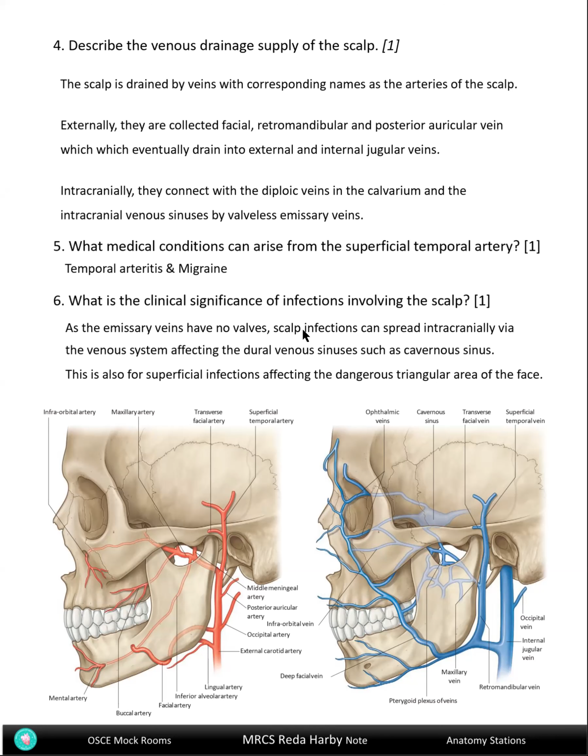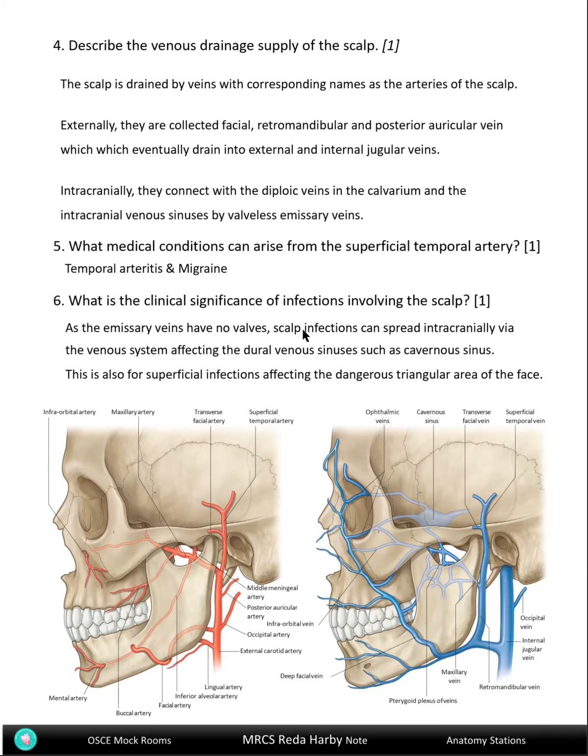Any infection from outside can go through the valveless emissary veins to the intracranial cavity and cause severe, dangerous injury. Do you know the dangerous area of the face? Between the two orbits and the nose, between the two angles of the eyes.